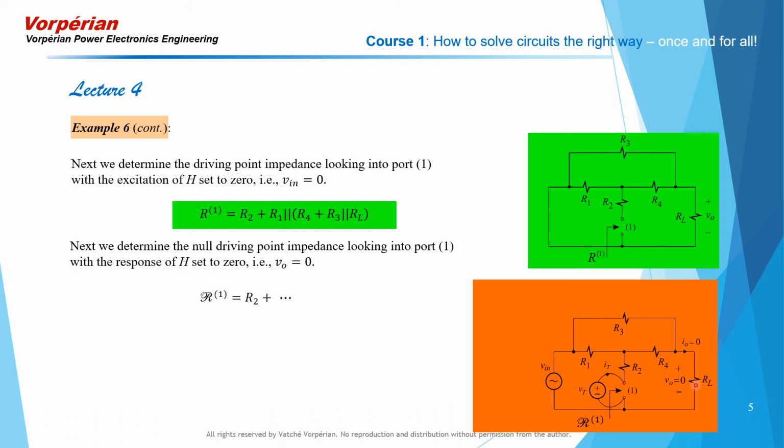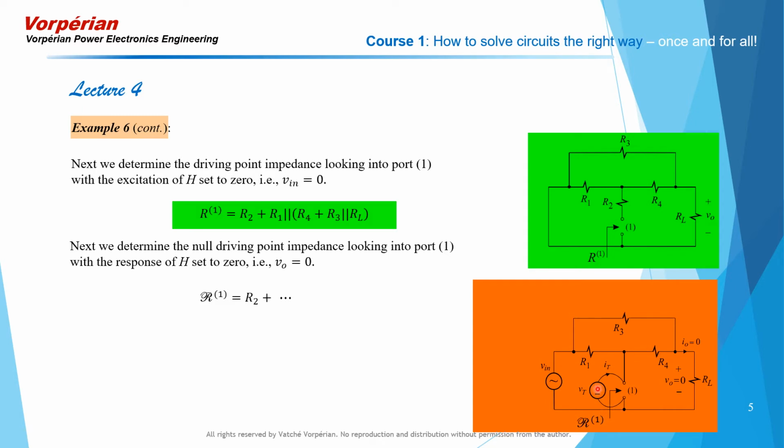Now, we don't have to carry R2 through our calculations here, because we see that script R1 is R2 plus whatever comes after it, as shown here, and so we go with whatever is after it and keep R2 out of the picture. When we do that, we take R2 out and replace it with a short, and we see in this case now that R1 is slightly easier to determine.